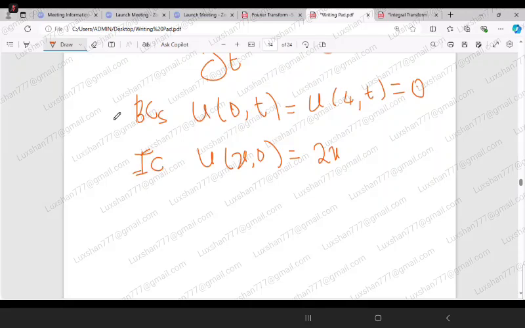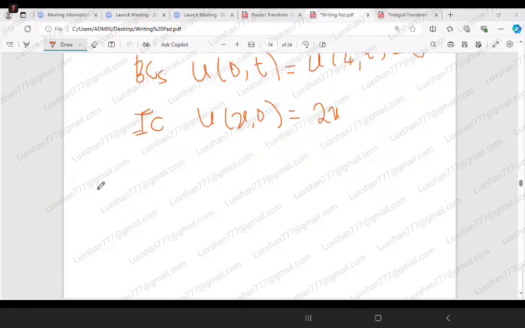We select the finite Fourier sine transform because we know u(0,t) and u(L,t), not the derivatives.